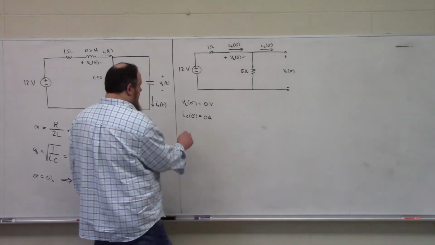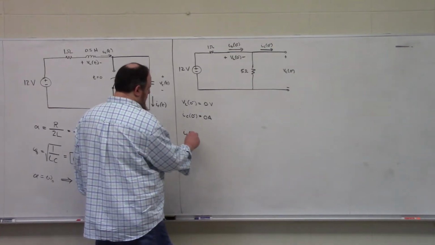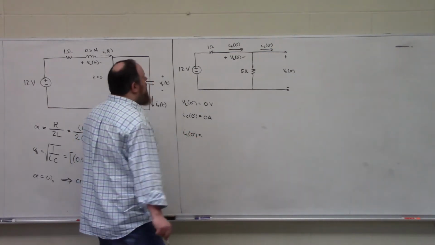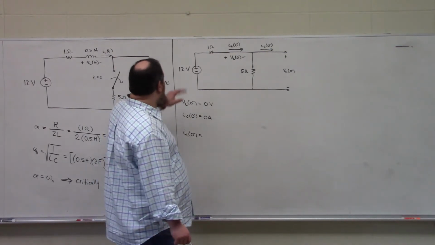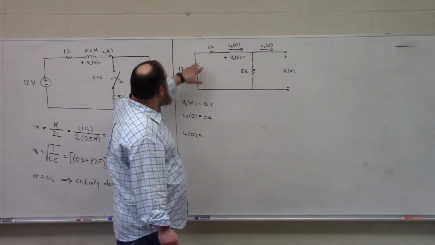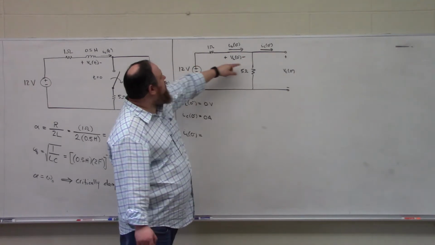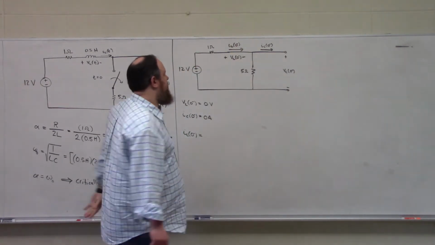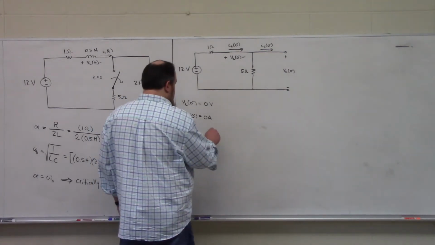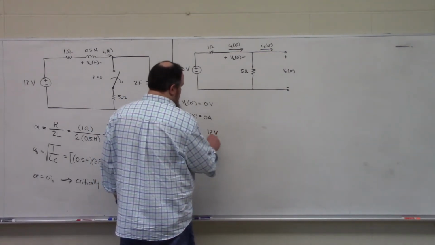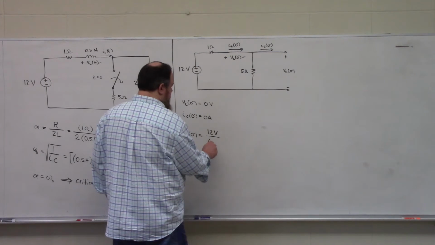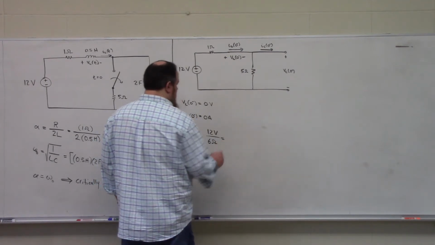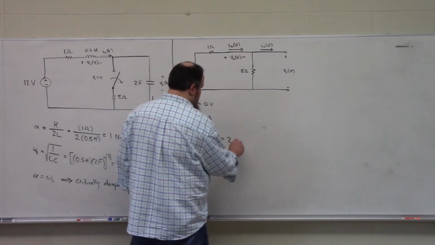We can determine IL at 0 minus just by using Ohm's law. This 12-volt drop is going to occur over this 1 ohm resistor in series with this 5 ohm resistor since IL can't branch off and flow through the open circuit. So that's 12 volts divided by a total series resistance of 6 ohms, which gives us 2 amps.